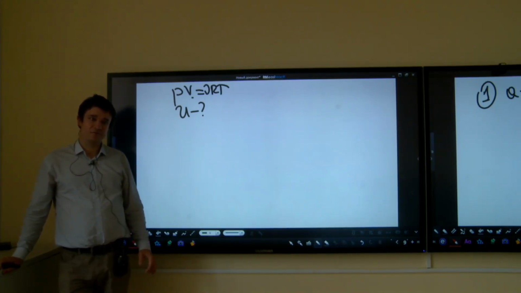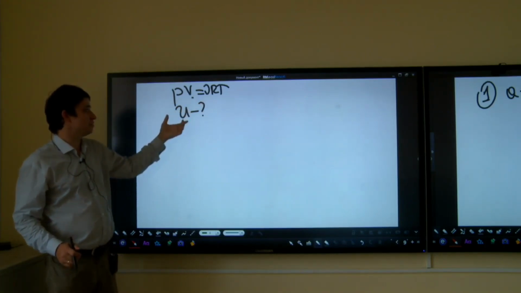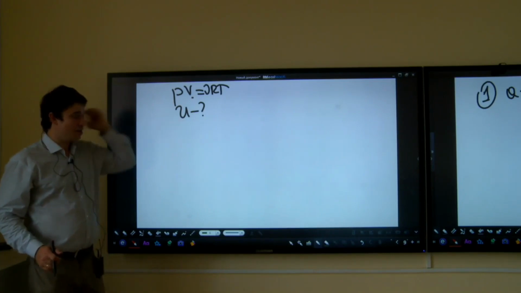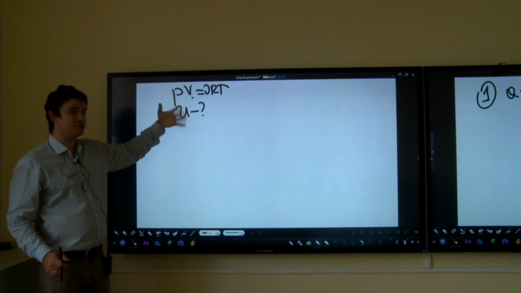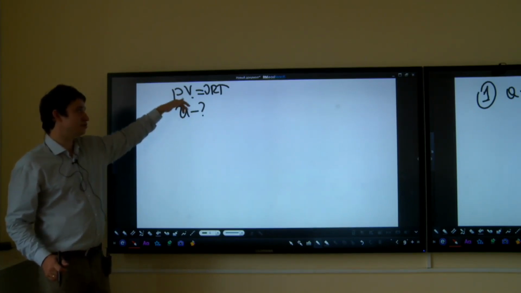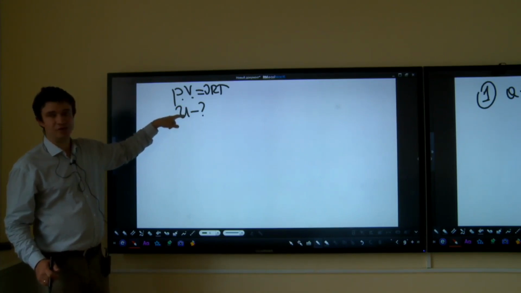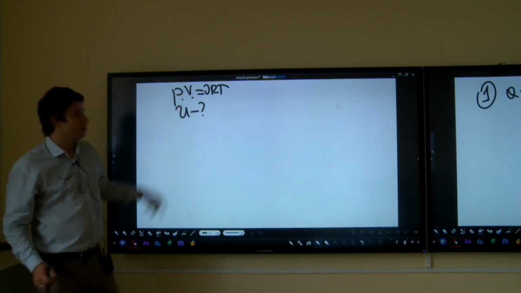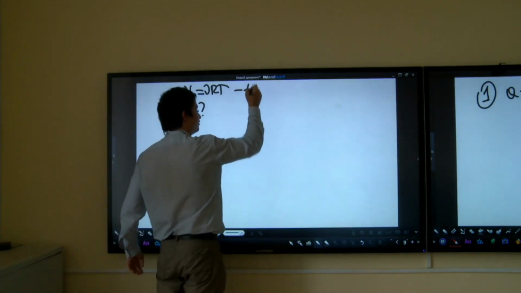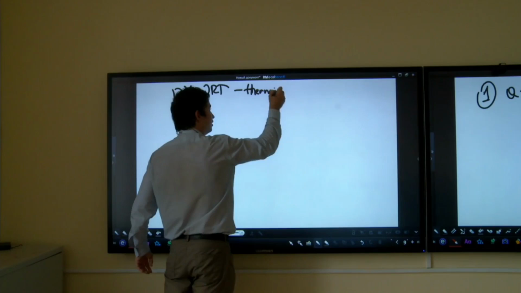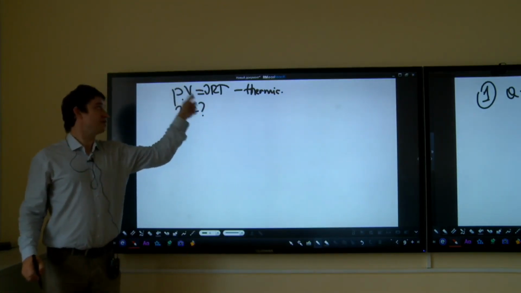Well, you see here pressure, volume, temperature, but nothing related to the internal energy. And that means that probably from pressure and volume, it's impossible to derive the internal energy from here. That's the second equation of state. This one is called the thermic equation of state because this equation of state determines the temperature.